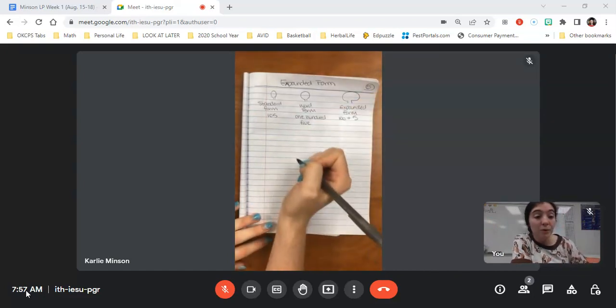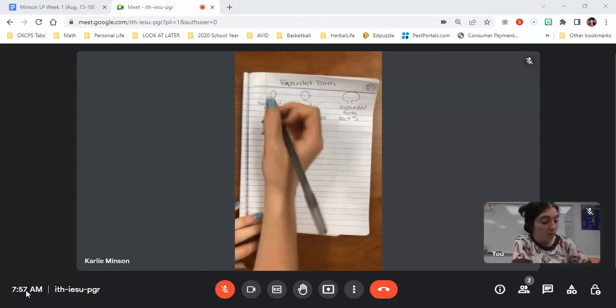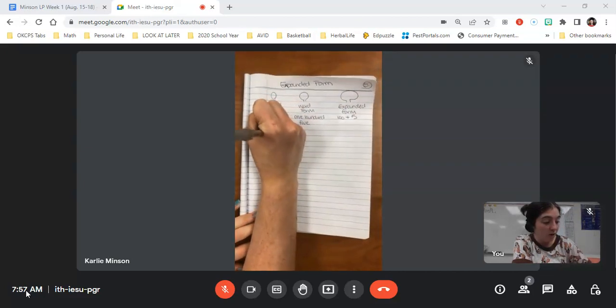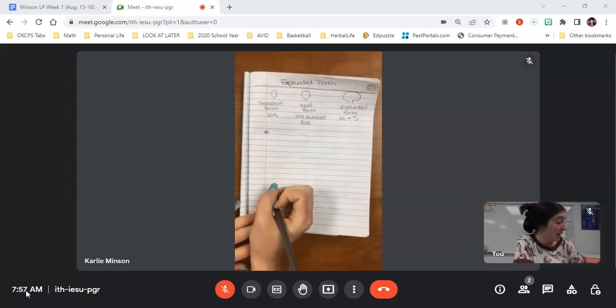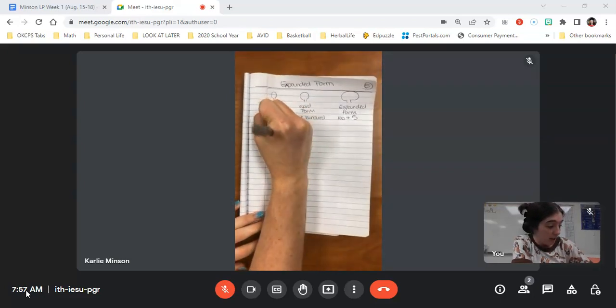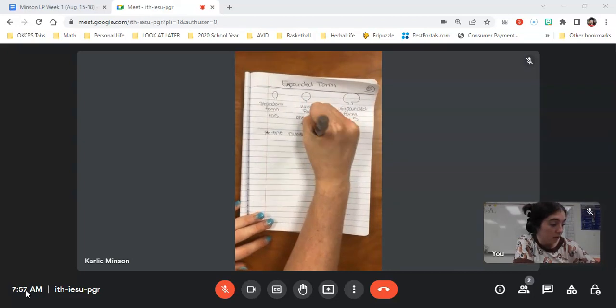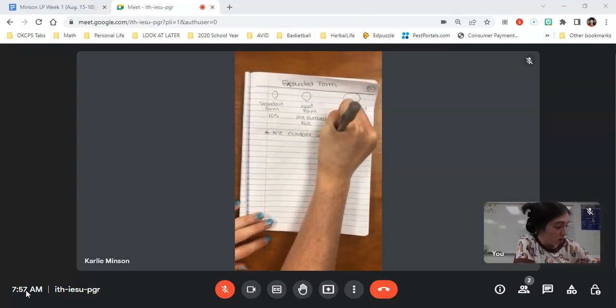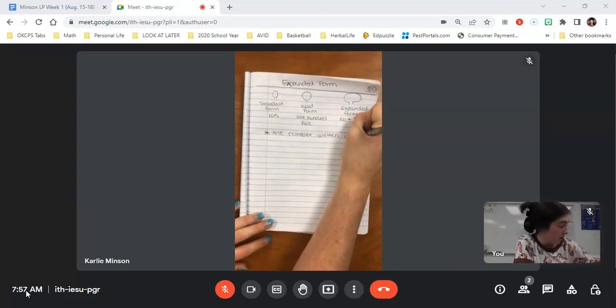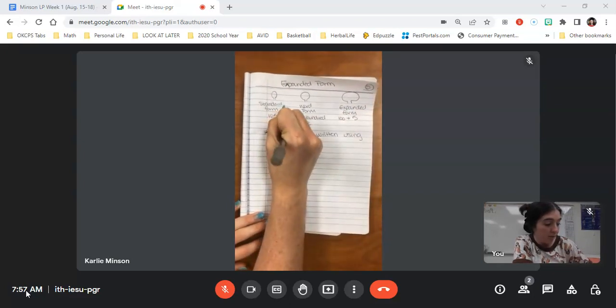So before we try another one, let me give you the actual definition that we have. Our definition of expanded form is the number written using its place value.